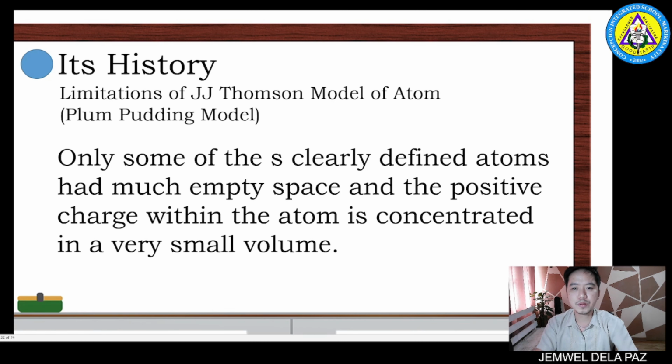He was not able to visualize that an atom must be made up of largely space. Similar to a plum pudding model, once the baker is molding the dough, there are no spaces inside the bread.